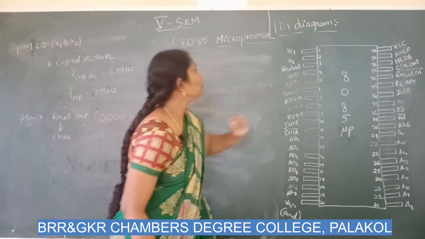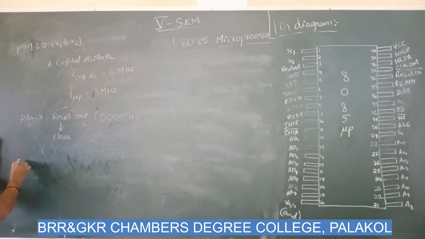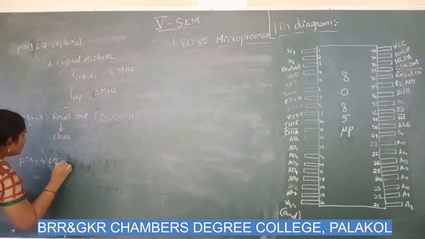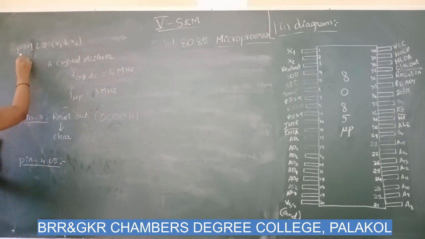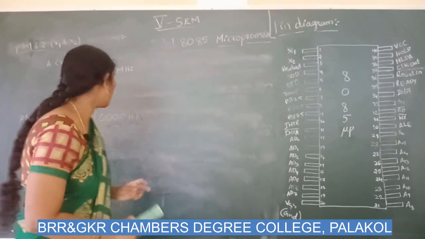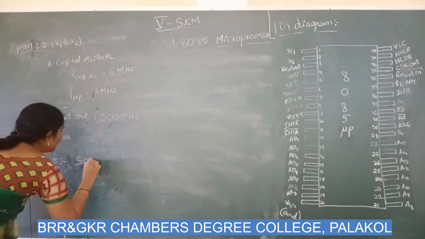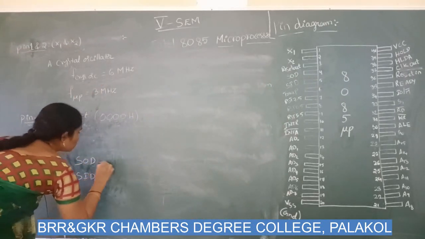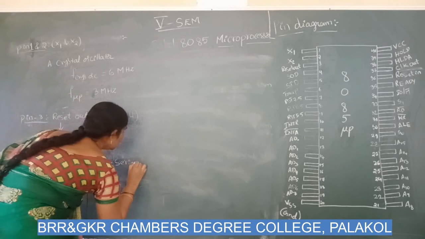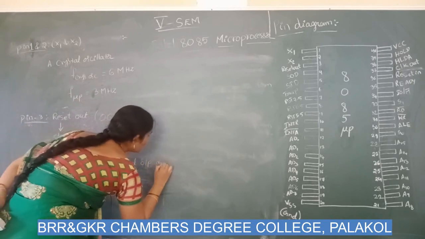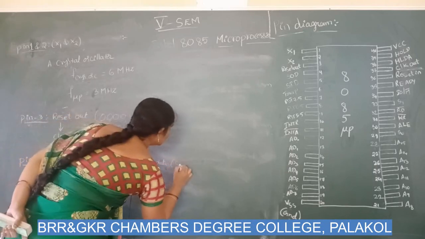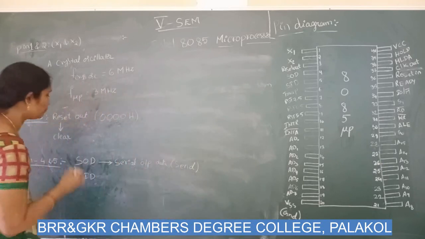After that, pin numbers 4 and 5 are SOD and SID. SOD is serial output data, that means the data is sent serially.